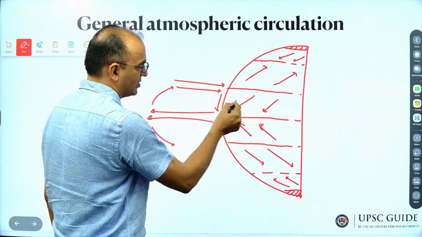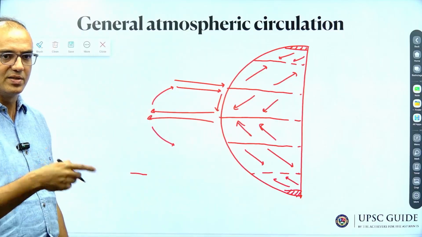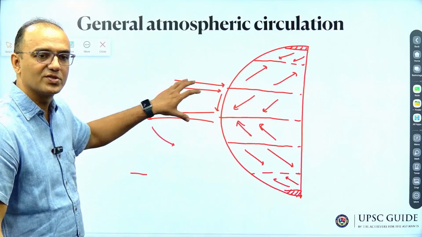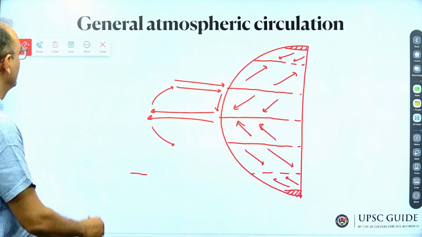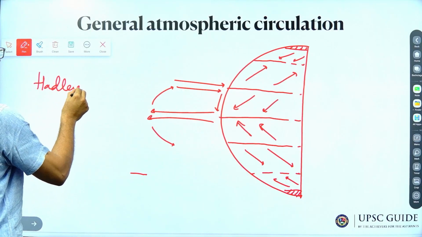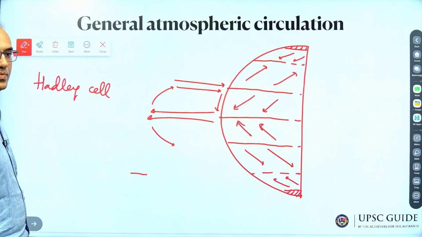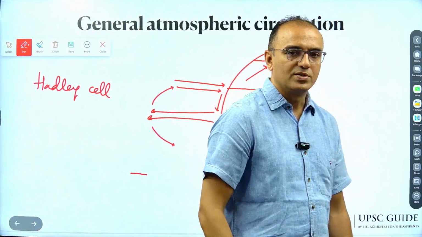The trade winds coming back complete the circle. This is the first cell, called the Hadley cell.